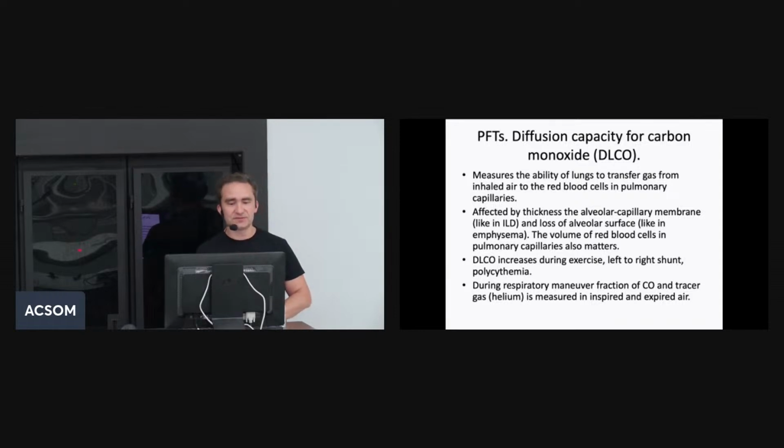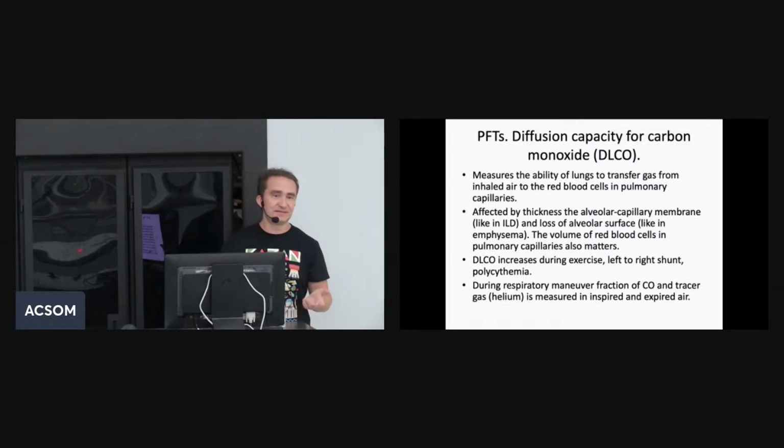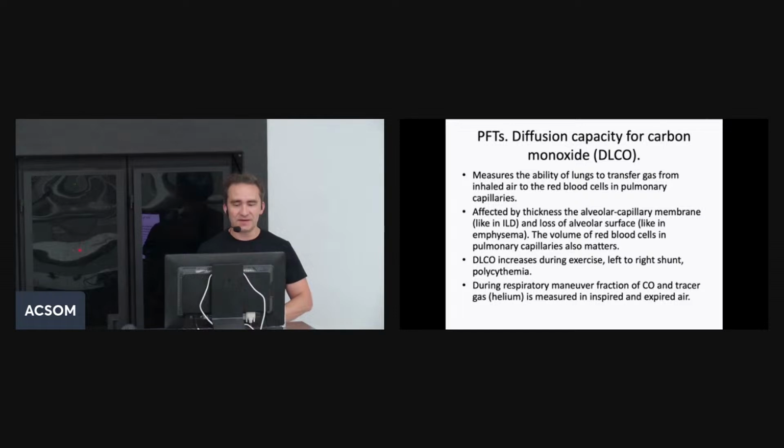Loss of alveolar surface will also decrease this function because you have decreased total surface of the alveoli. If you have more red blood cells, then it will also happen more effectively because your body has the capacity to take up more gas. The DLCO increases during exercise because you have more blood flow, with a left to right shunt, and with polycythemia because you have more red blood cells.